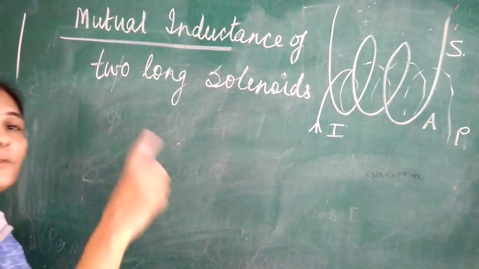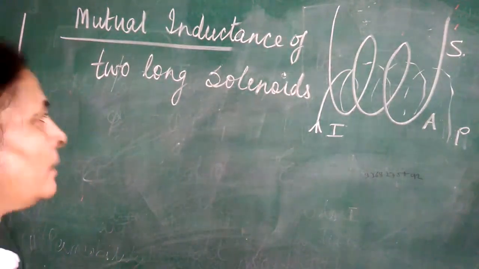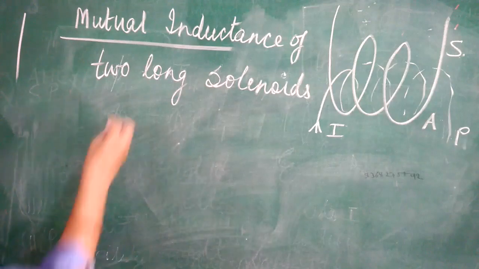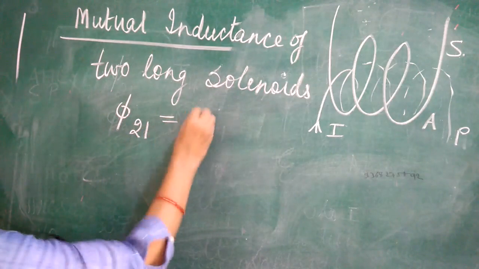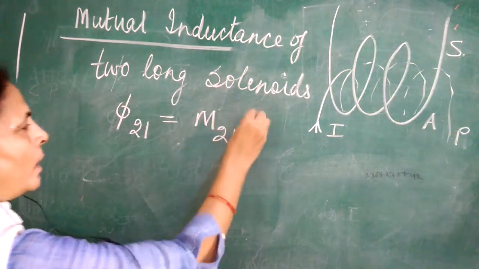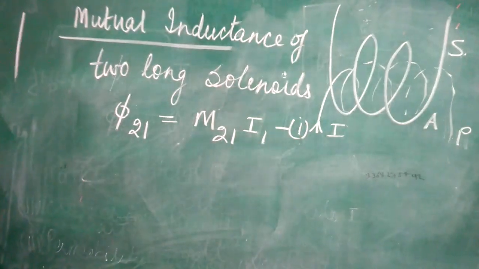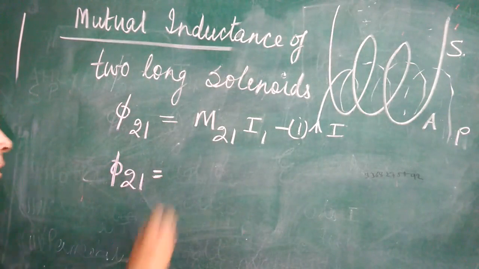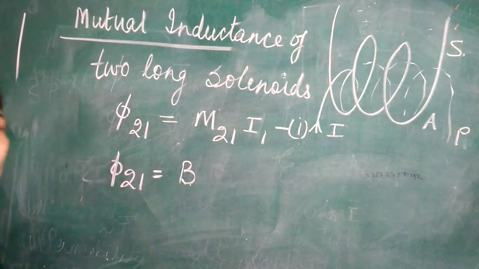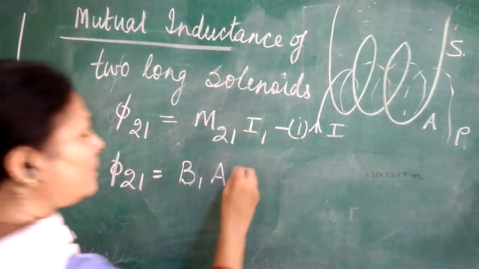Now we'll again start from the same expression and exactly in the same manner as we did yesterday for the self-inductance. See, the initial formula which we already have for mutual induction is phi 21 equals M21 I1. This will be our equation number 1. Now phi 21 will also be equal to the magnetic field because of the first coil, the area of cross section, and the number of turns.